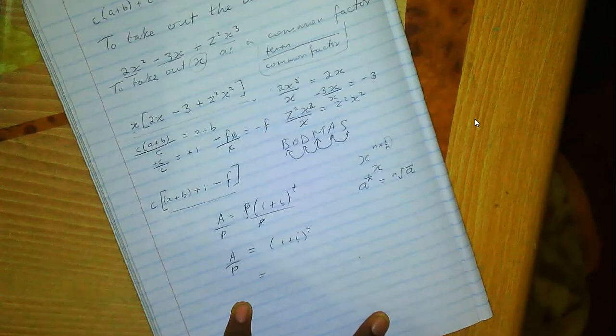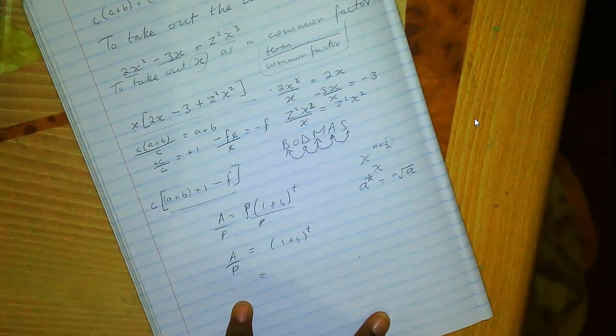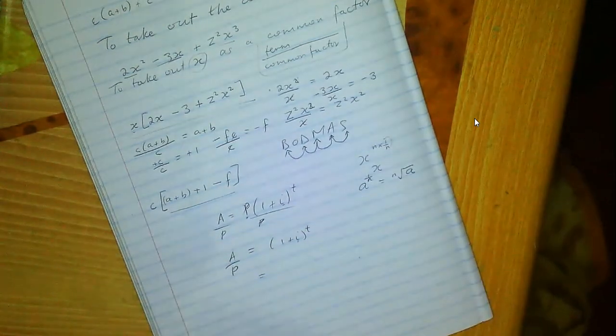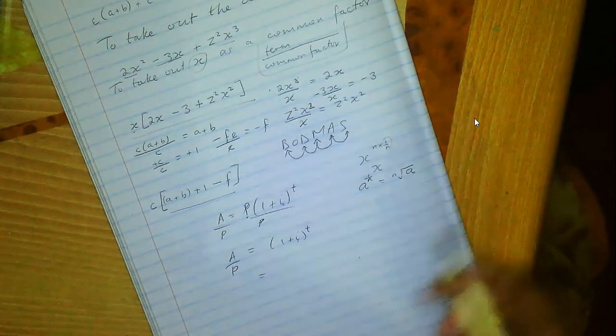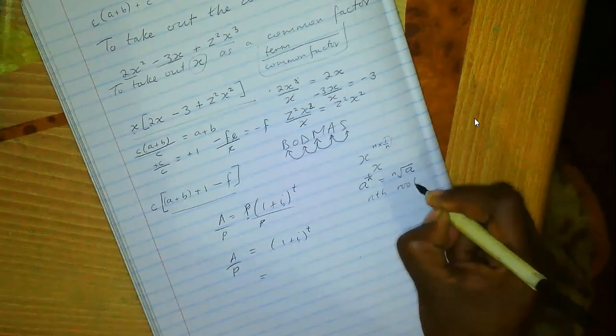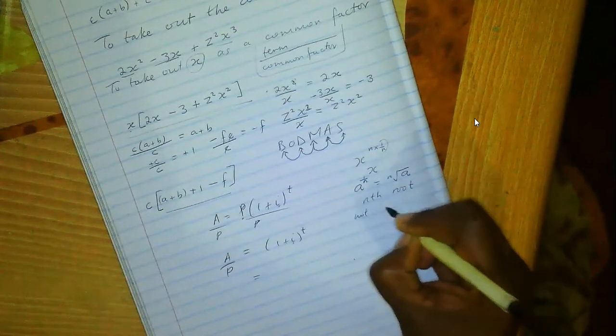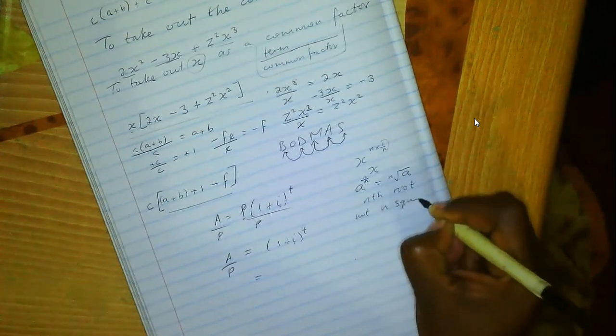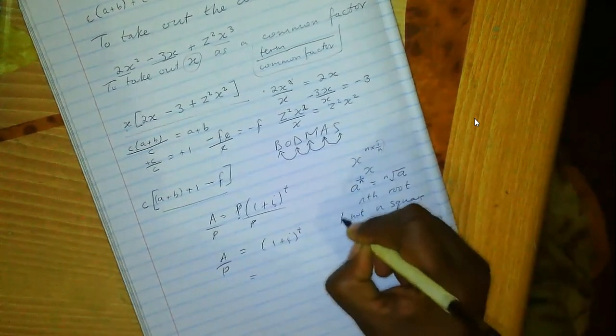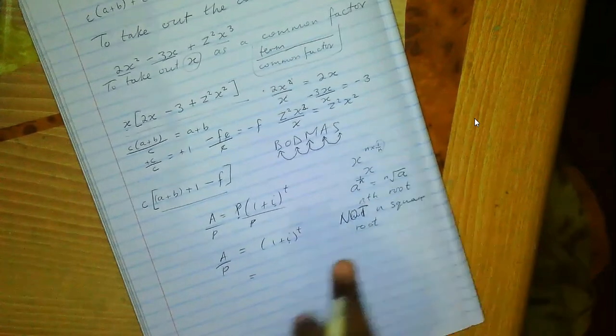This is what we said on our exponents rule, I think grade 9 to grade 10, when we were dealing with surds and indices. Remember, this is the nth root, not n square root.